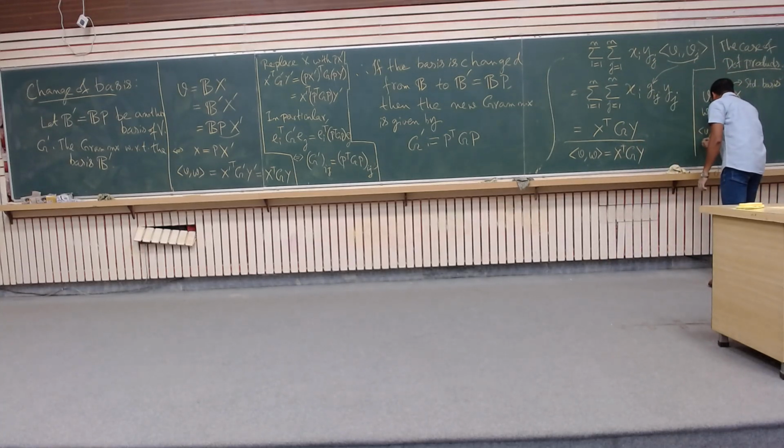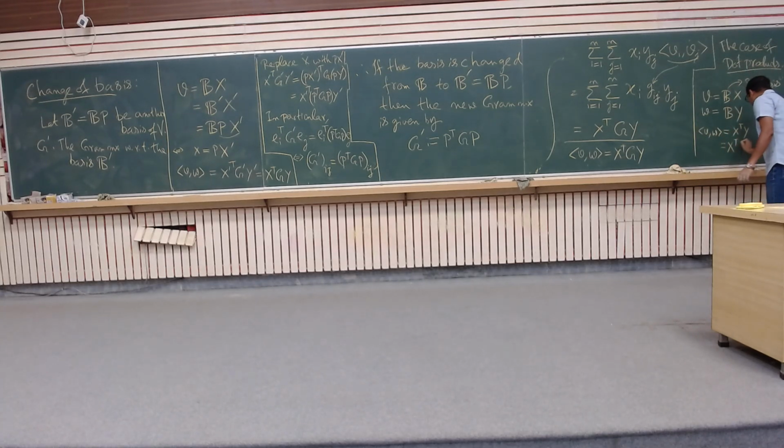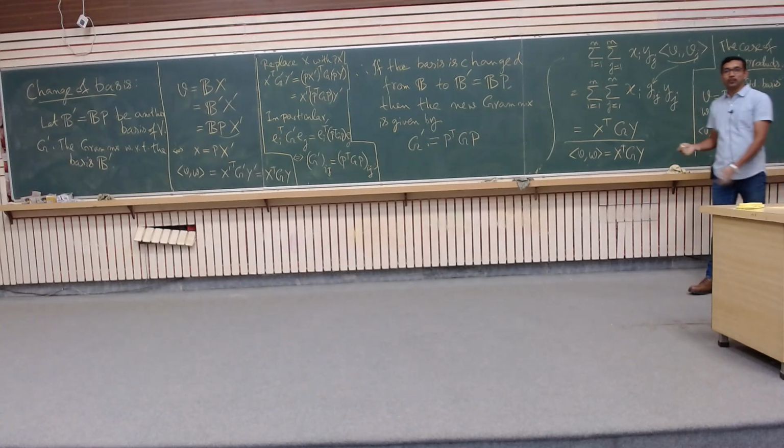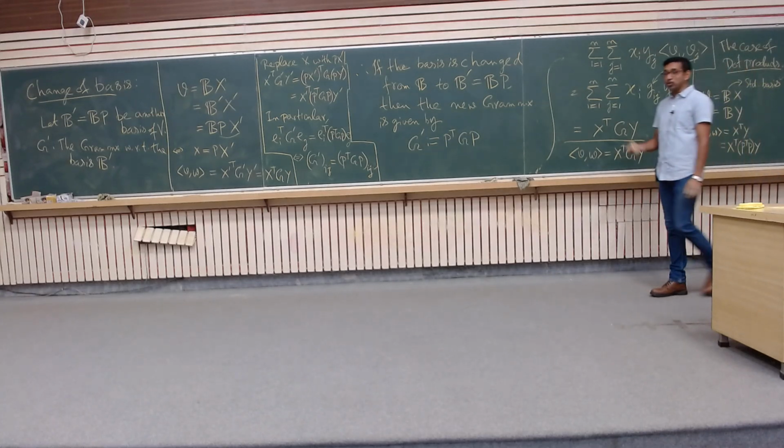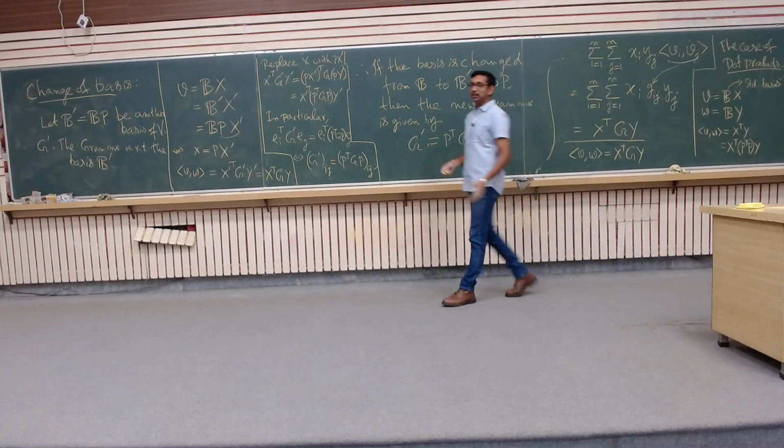This dot product of V and W will be expressed as X transpose P transpose GP Y, right? Now what is G in this case? Identity, right? So it will be just P transpose P, for dot products, because G is the identity matrix.